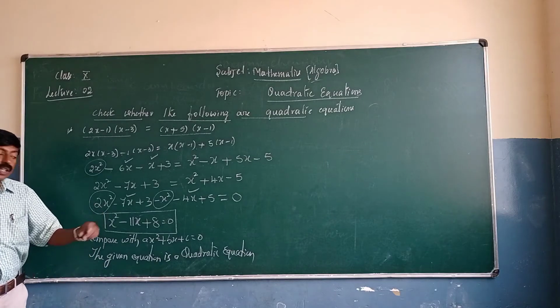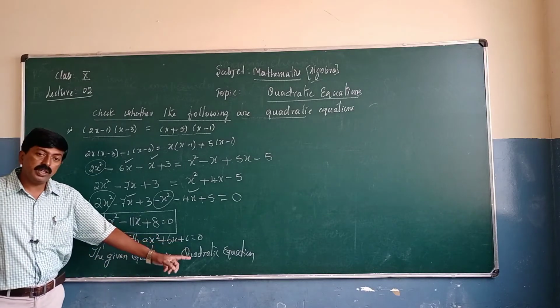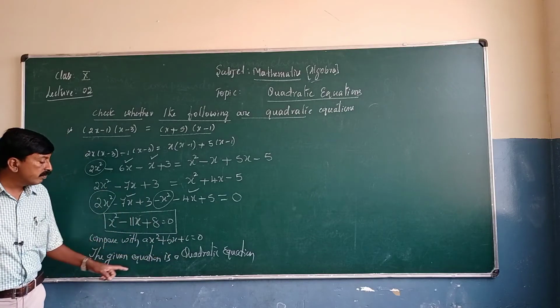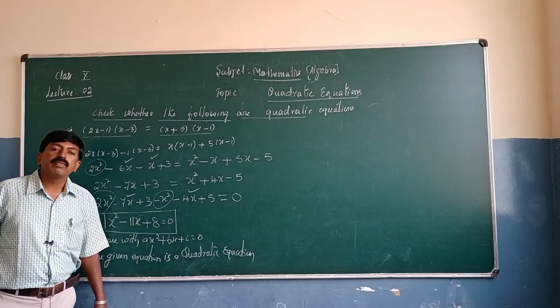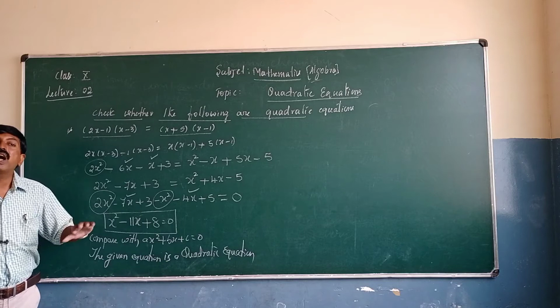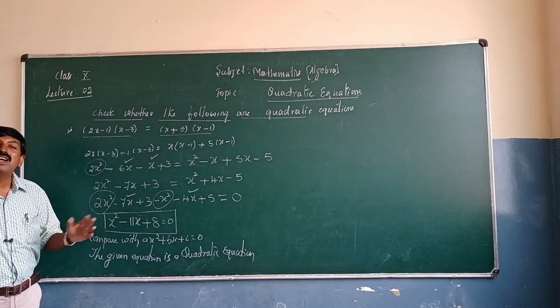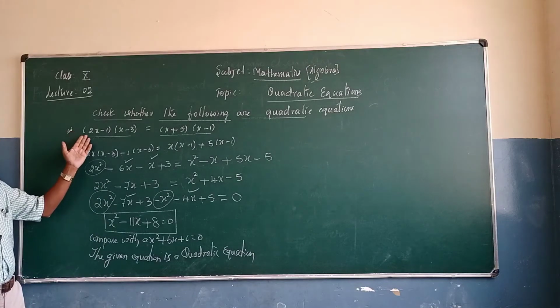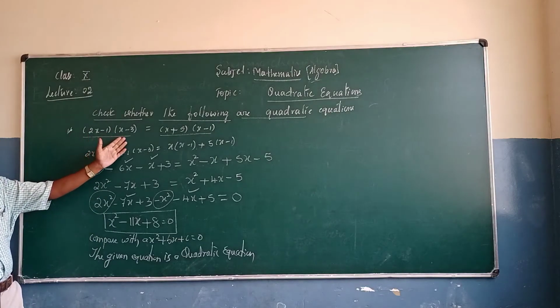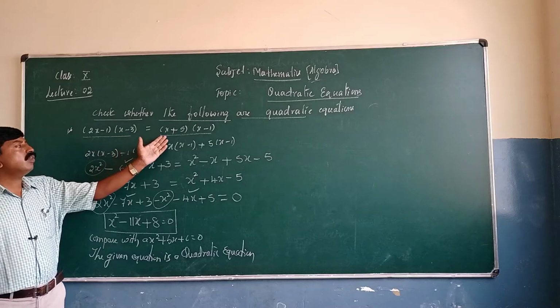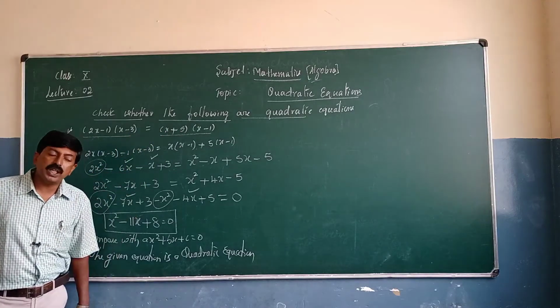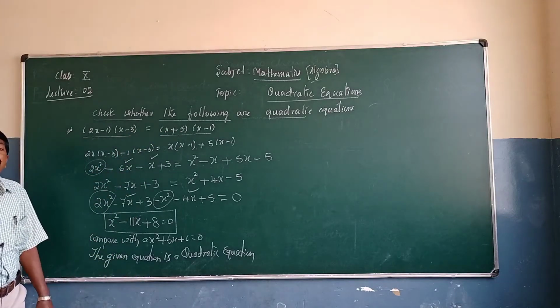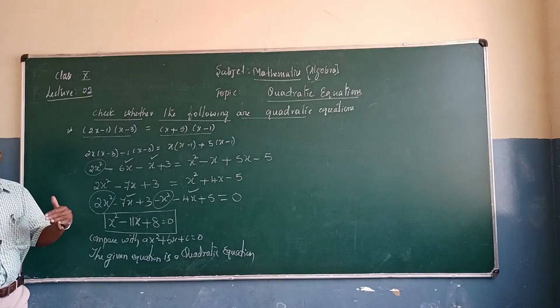If it is there in the form ax square plus bx plus c, then we can say that the given equation is quadratic equation. Otherwise, it is not a quadratic equation. Therefore, (2x - 1)(x - 3) = (x + 5)(x - 1) is a quadratic equation.